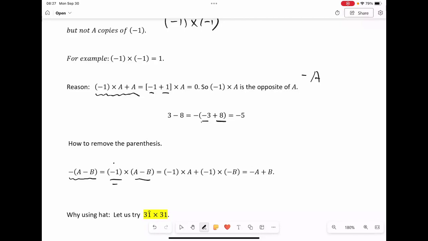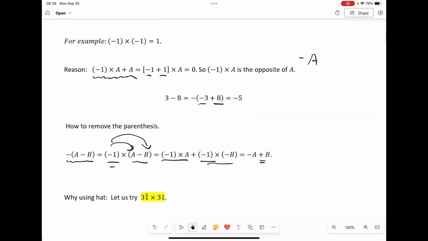So -1 multiplied by a gives the first term, and -1 multiplied by -b gives the second term. Then you get the first term -a, and -1 times -b is b. So therefore, I get minus a plus b. So you have to change the sign for the second number, because you have to use the distributive rule.